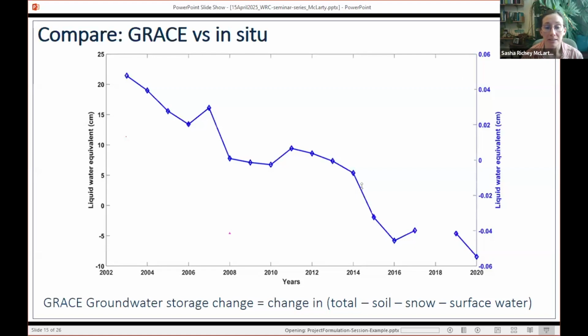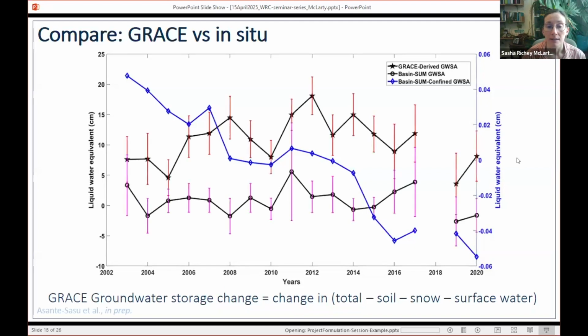And importantly, you note that the y-axis for this blue line is on the right, and it's orders of magnitude smaller than the y-axis on the left. This line, I think, represents well what we know about the confined layers collectively in the Columbia Plateau, which is that we've been observing long-term declines.